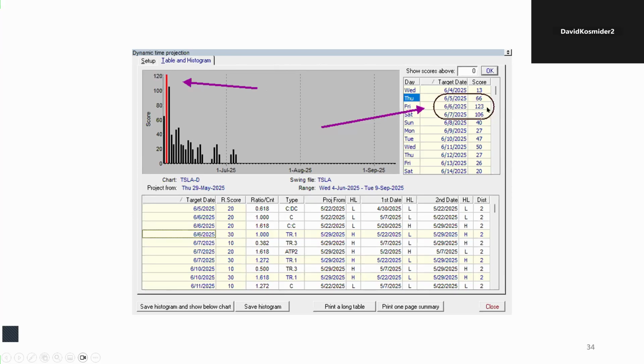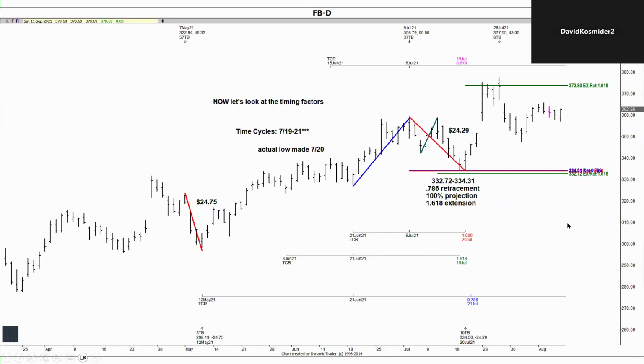You can see the higher scores. You can see the actual highs and lows that it did the math from. Okay, tells you exactly where it comes from. And then, we put that together with the other work, and it's not 100%, nothing's 100%, but we are able to identify key time and price decisions.